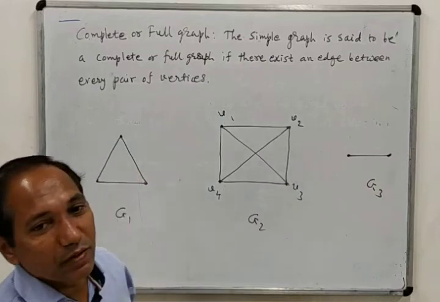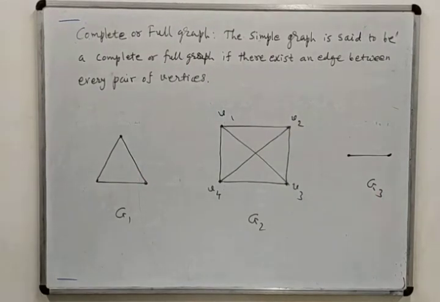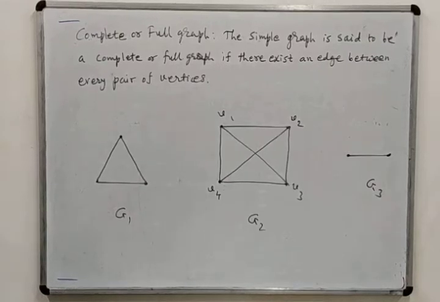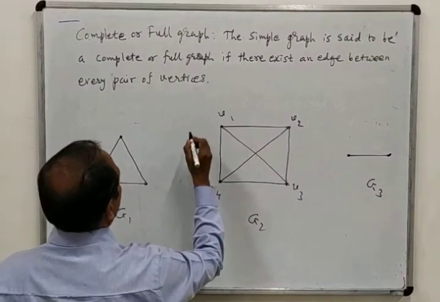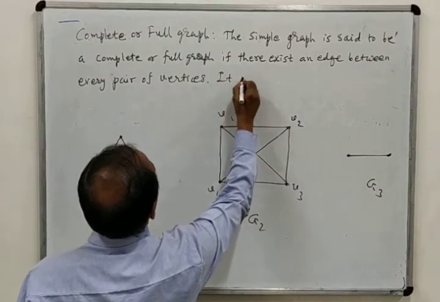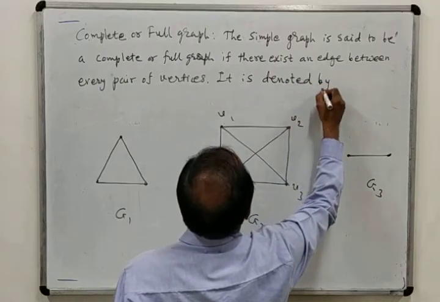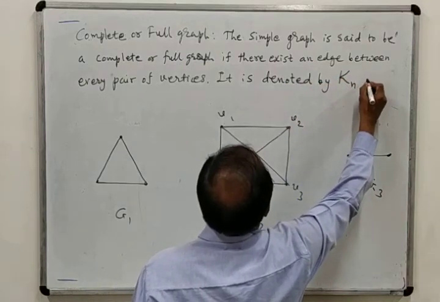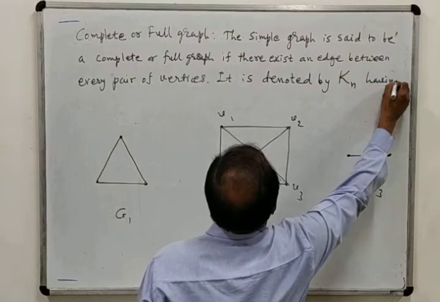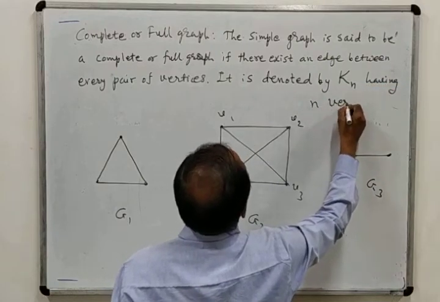Actually, we will also consider this in real life as locations, and the edge as the connection between the locations. Okay. And here the complete graph is denoted by capital Kn, having n vertices.